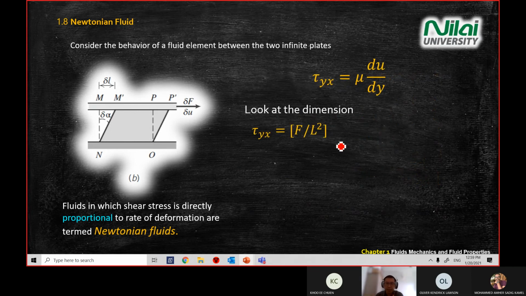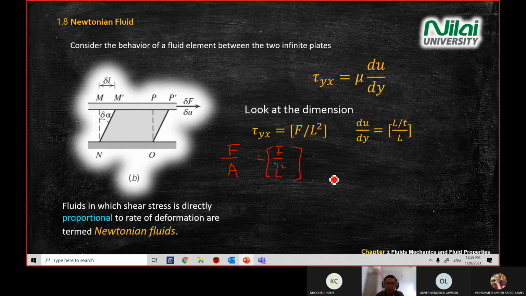Okay. Now we look at dimension. This is just a dimension analysis. Shear stress is force divided by area, so the dimension is force divided by length square.